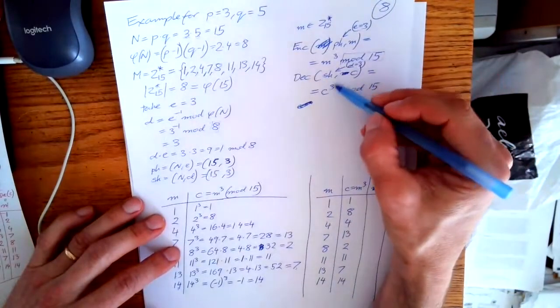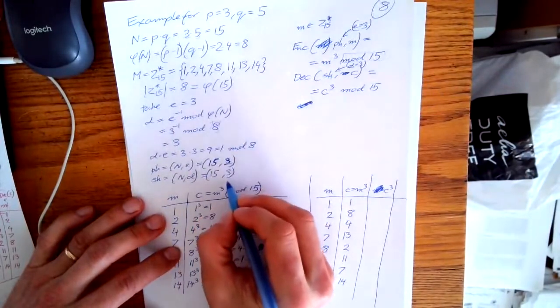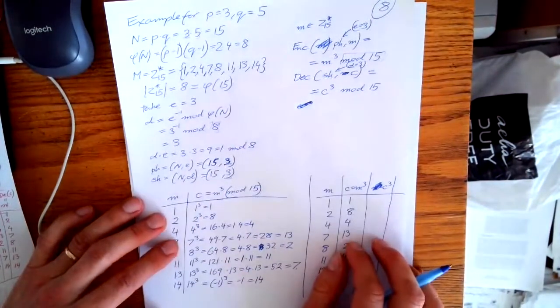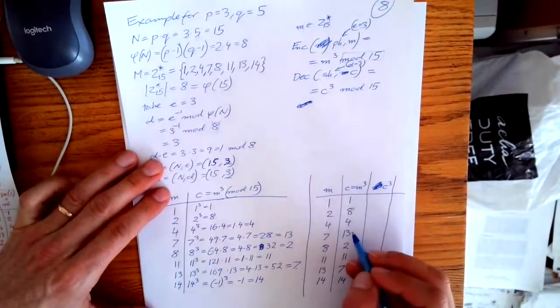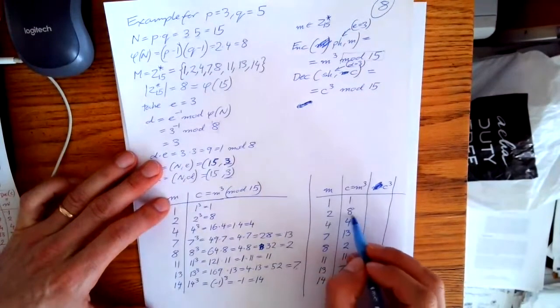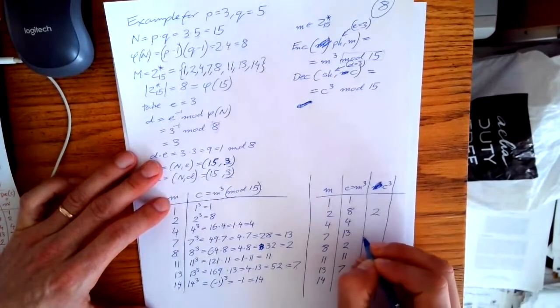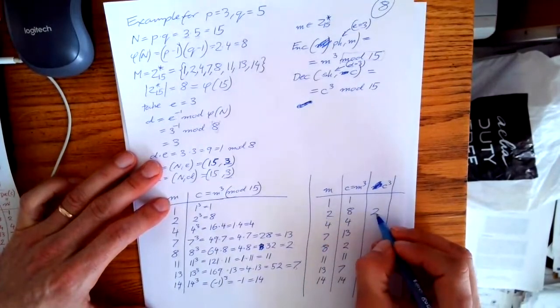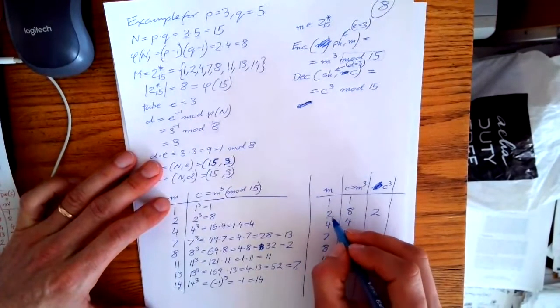When you decrypt, you cube in this particular case, where both encryption and decryption exponents were 3. So you apply the same function to decrypt. To decrypt 8, you just need to know what the cube of 8 is. It's a 2. And ta-da, the cube of 8 is the same as this.